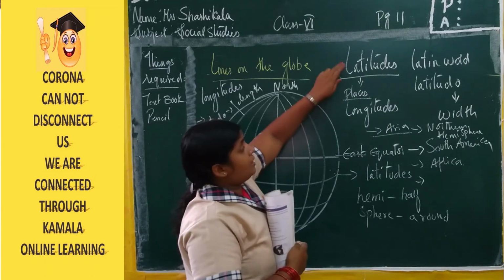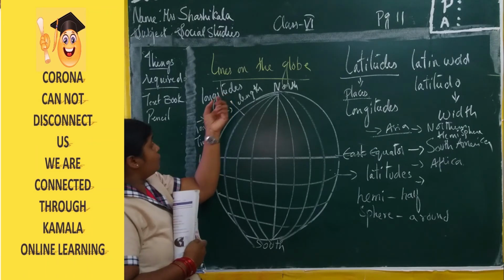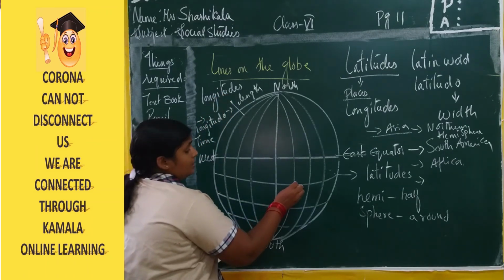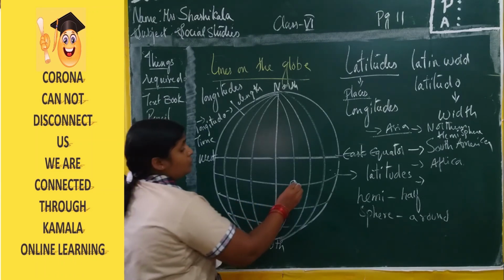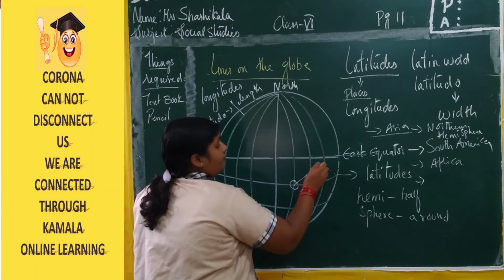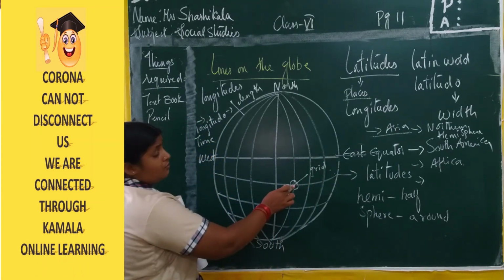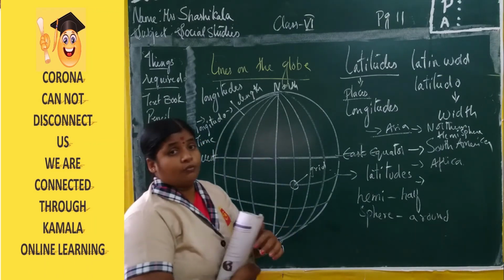Now latitudes are helpful to know about the places, and the longitudes are helpful for us to know about the time. Whenever these two lines join at one point, the intersection of the latitudes and longitudes is known as the grid system.